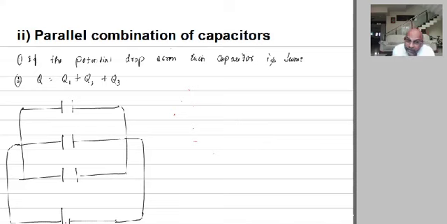So therefore the potential drop across each capacitor becomes equal to the potential of the battery, because suppose if the potential of the battery is 10 volt, the potential across the first capacitor is also 10 volt, second capacitor is also 10 volt, third one is also 10 volt. Why? Because suppose you consider this capacitor of capacitance C1, this is C2 and this is C3.